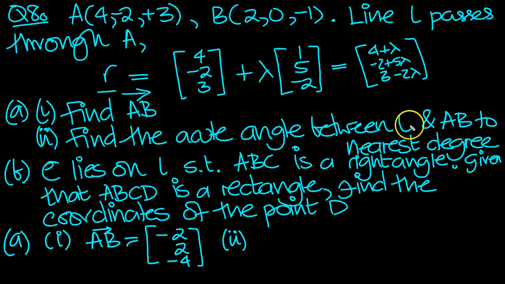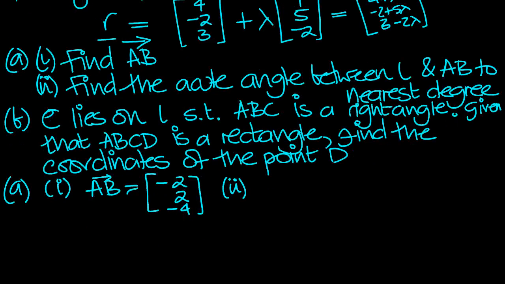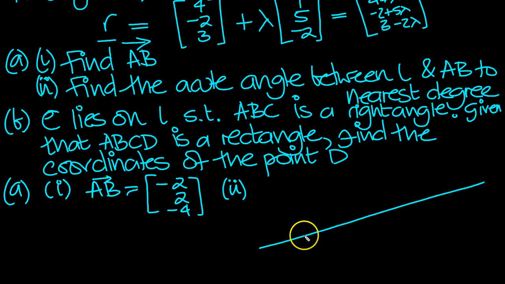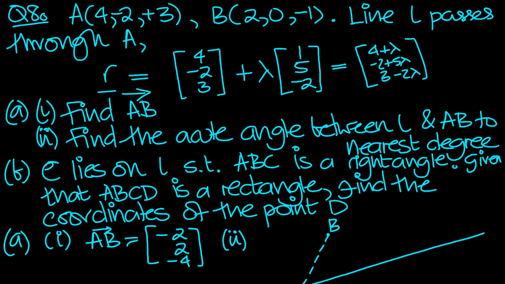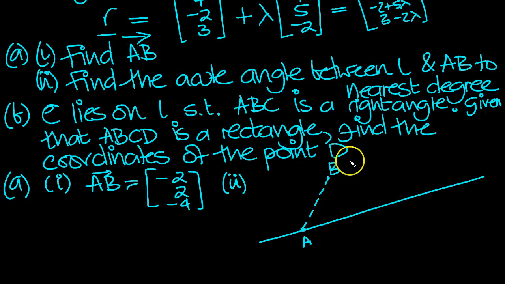Part 2. Find the acute angle between the line L and AB. So let's draw a little picture between the line L. Here's A, and here's the point B. And we need to find the angle between them. B has coordinates 2, 0, -1 and A has coordinates 4, -2, 3.